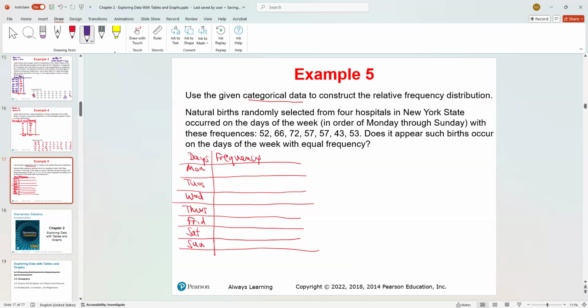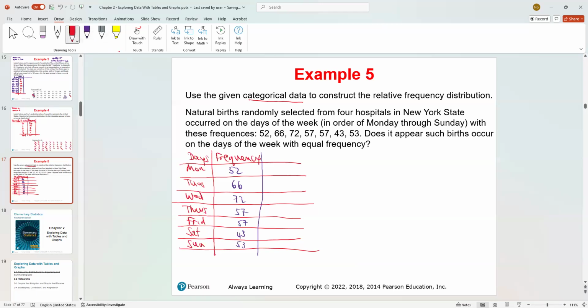So Monday, 52 births, 66 on Tuesday, 72 Wednesday, 57 Thursday, 57 Friday, 43 Saturday, and 53 on Sunday. Remember, those are the frequencies.